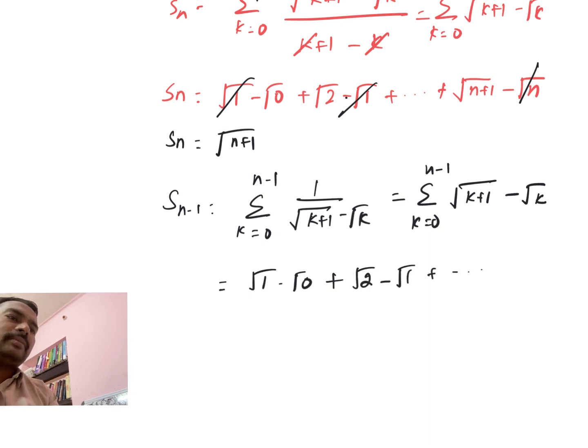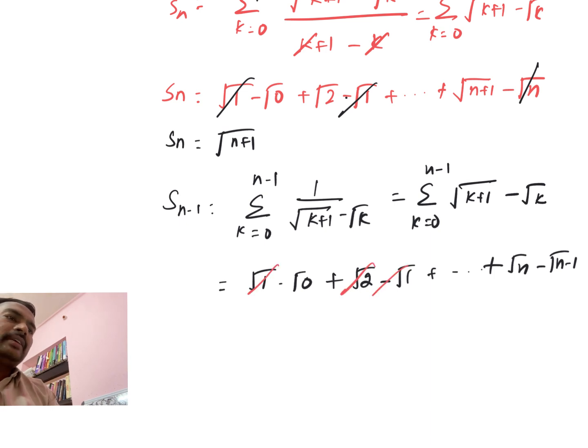If you apply the last term n minus 1, you get square root of n minus square root of n minus 1. Clear? Before that, you can apply n minus 2, and n minus 2 plus 1 will give square root of n minus 1. So the terms will be cancelled, right?